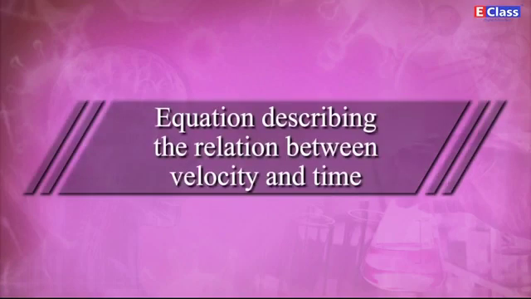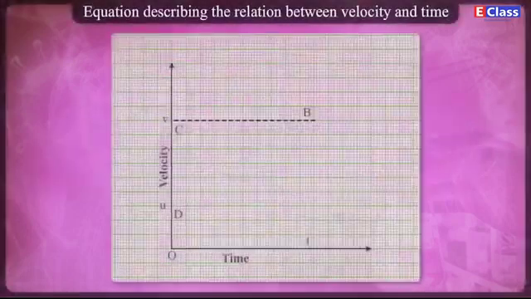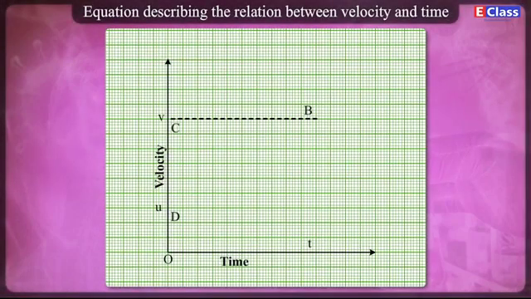Equation describing the relation between velocity and time. Figure shows the change in velocity with time of a uniformly accelerated object. The object starts from the point D in the graph with velocity u. Its velocity keeps increasing and after time t, it reaches the point B on the graph.